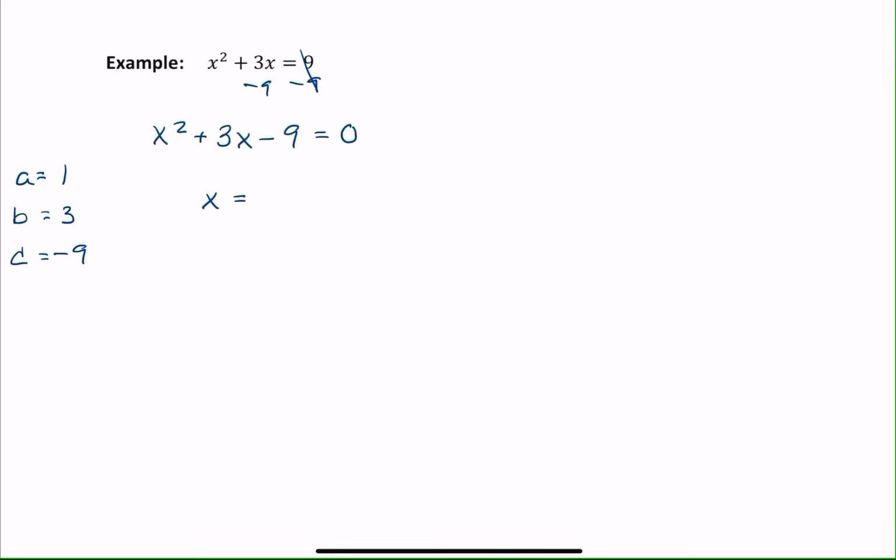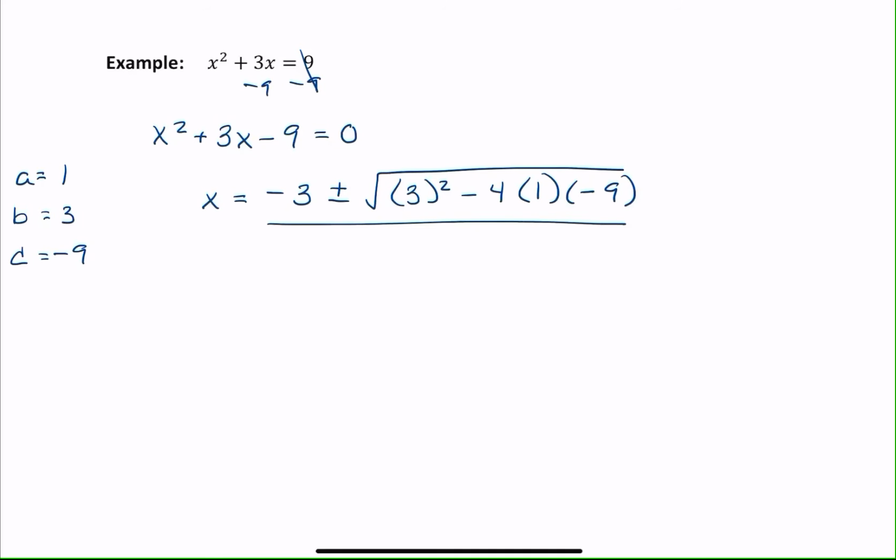So x equals negative b plus or minus the square root of b squared minus 4 times a times c, all over 2 times a. Clean that up a little bit. You got negative 3 plus or minus the square root of 9.